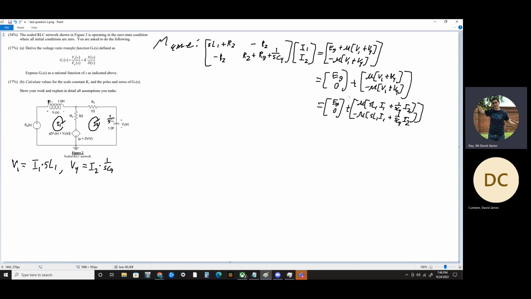Now we have to split it up into a 2 by 2 so we can correctly fit it back into the original matrix. For this second part it's going to be I1, I2. Therefore, this is our I1 column, and this is our I2 column.